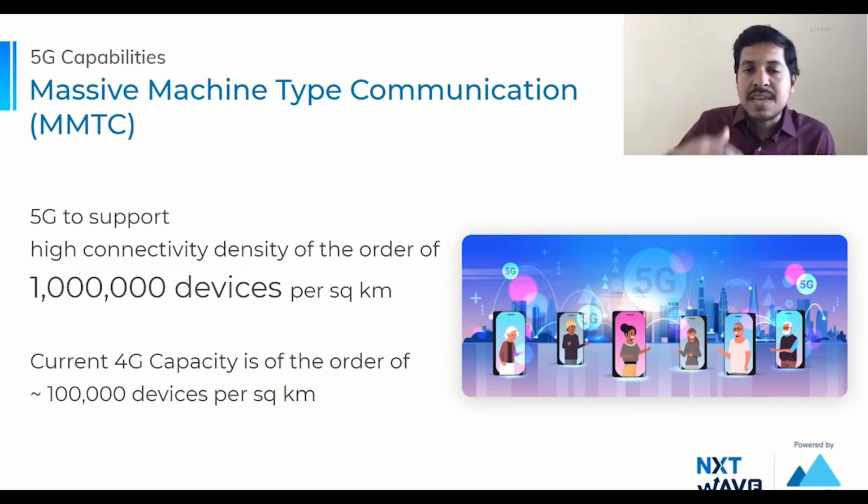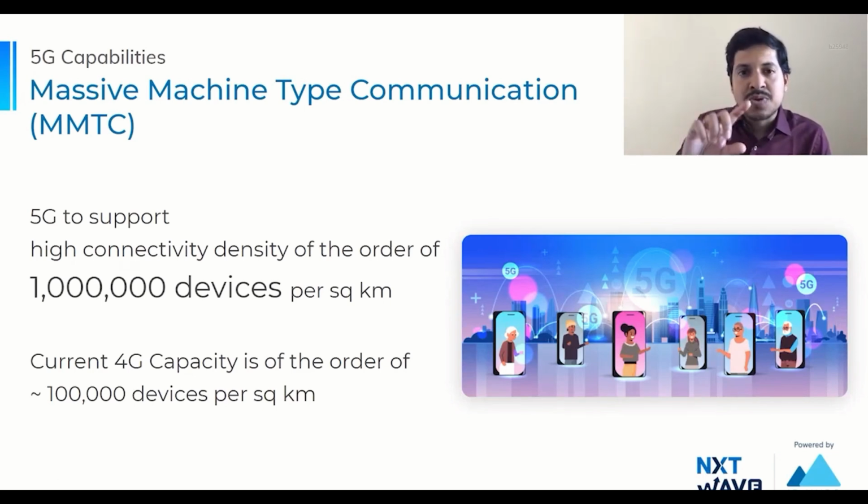So this was a new capability that was added in the vision document for 5G. And 5G networks are expected to provide connectivity densities on the order of 1 million devices per square kilometer. Today, the connectivity densities that can be supported is at least an order of magnitude lesser, on the order of maybe 10,000 or 100,000 devices per square kilometer.